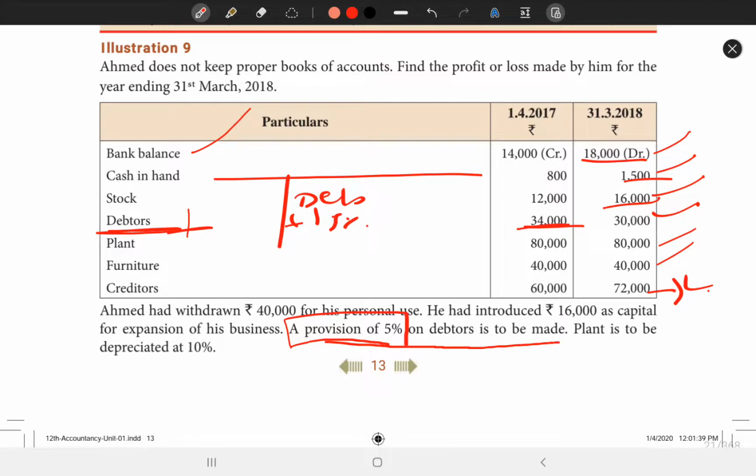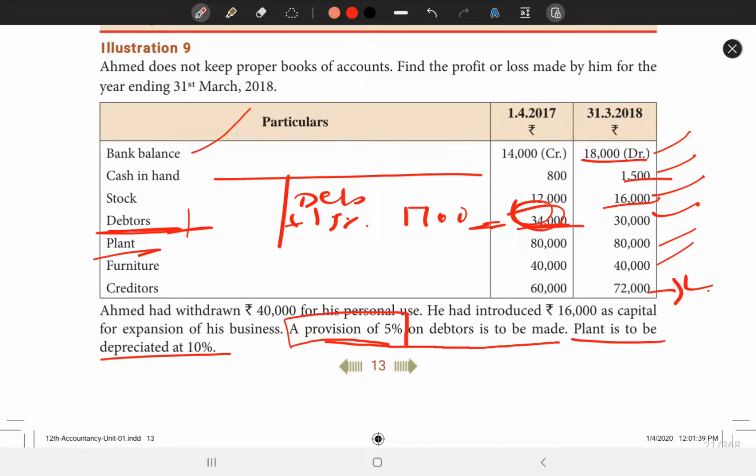We have to deduct 5%, because we are suspecting that 5% of debtors will not be recovered. So on 34,000, 5% comes to 1,700. Okay, when we remove this amount, the debtors' closing balance will be written.